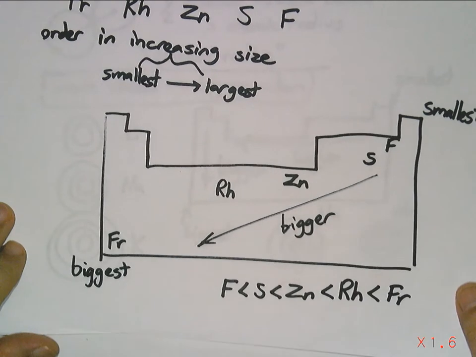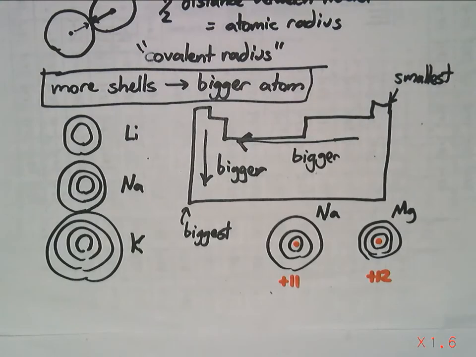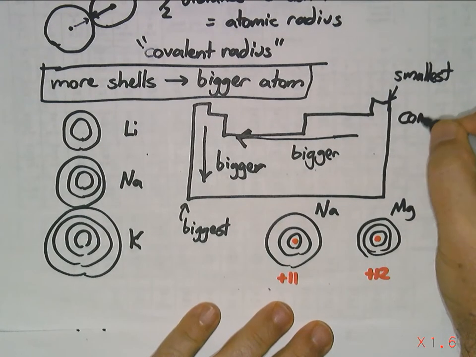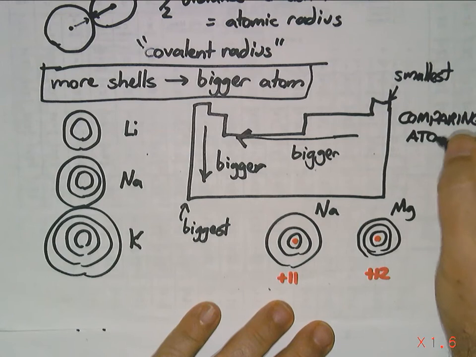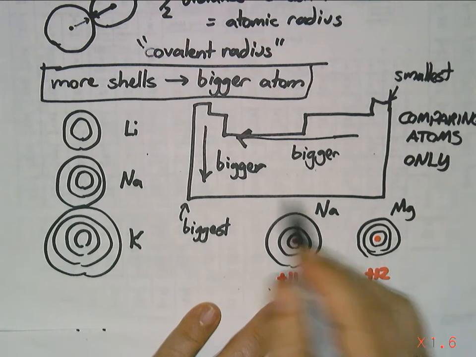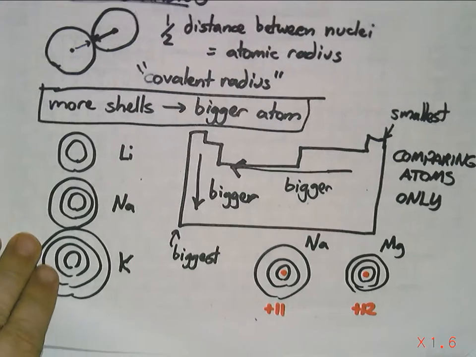Now, there's another case. Here we're comparing atoms, and this works fine for comparing atoms. So this is good for comparing atoms only. What if I'm comparing ions?